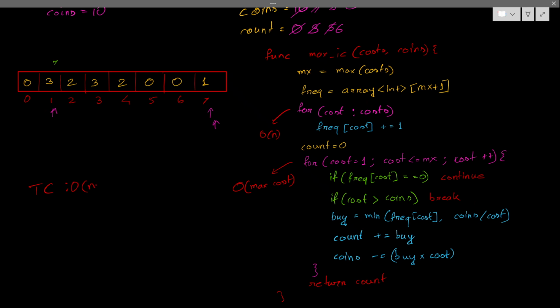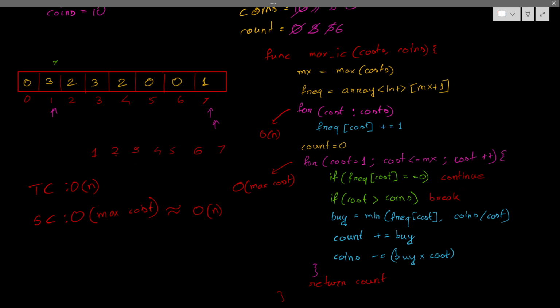So time complexity is big O of n, simple. And space complexity: I am creating an extra array of maximum cost size, so big O of maximum cost. But in the worst case, as I told you, it goes to big O of n, because let's say my costs are 1 2 3 4 5 6 7 this way.